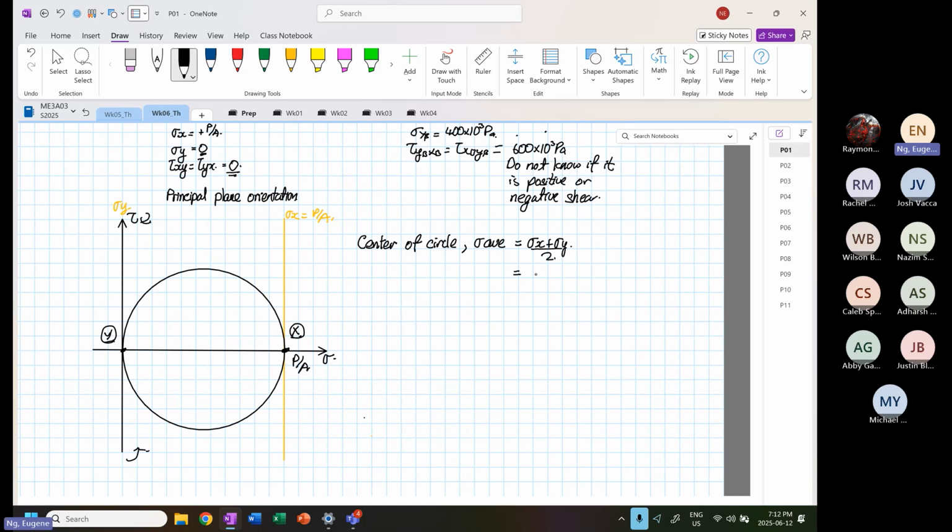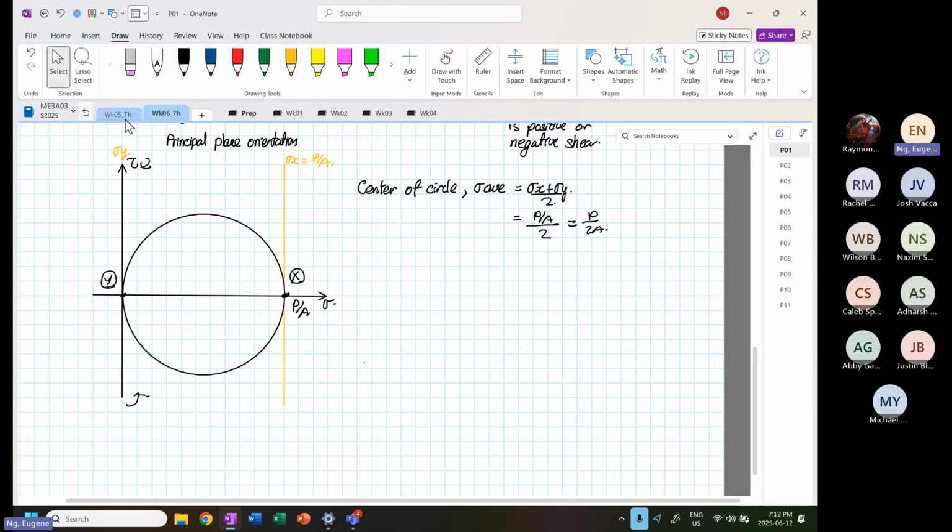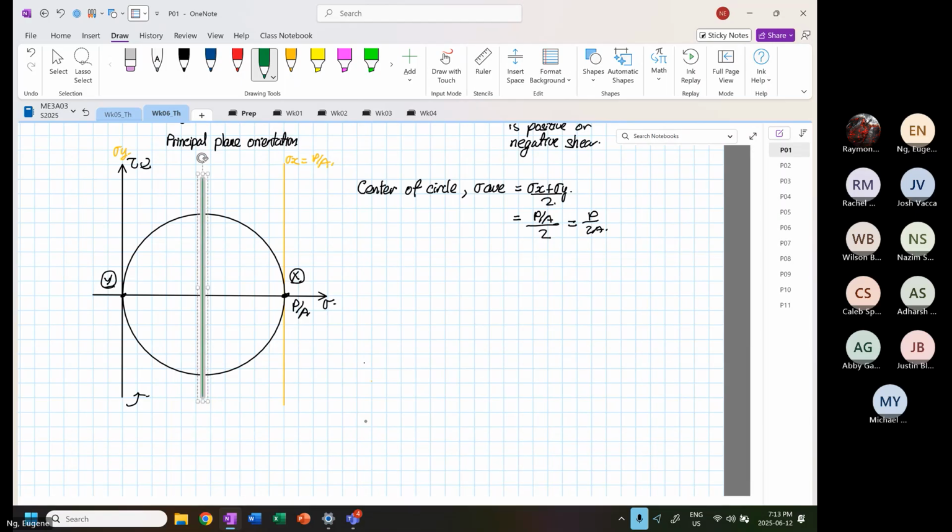So this is equal to P over A, and the whole thing divided by 2. This is equal to P over 2A. So now we can sketch our center of circle.